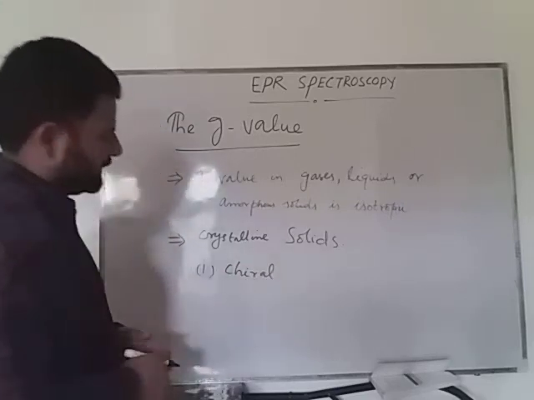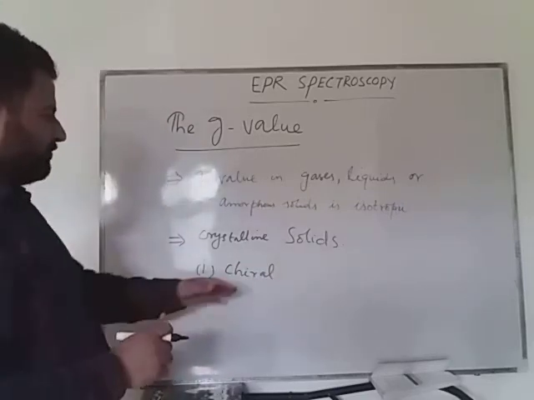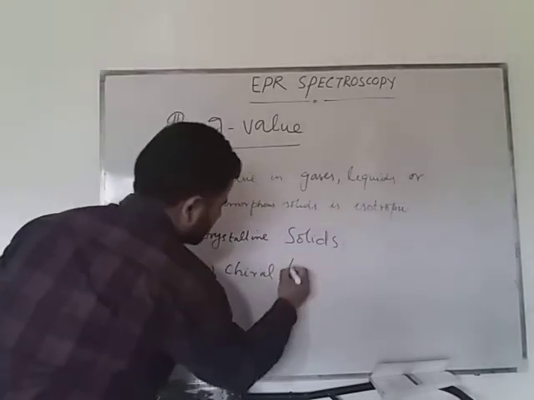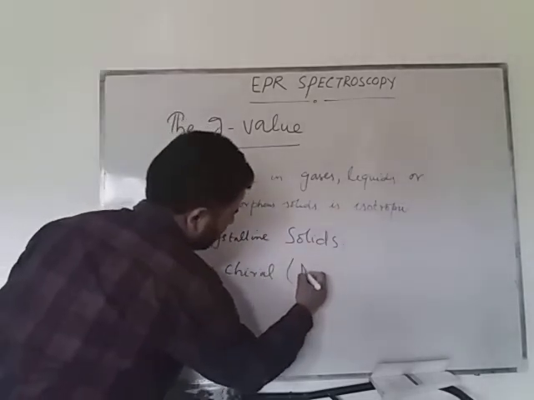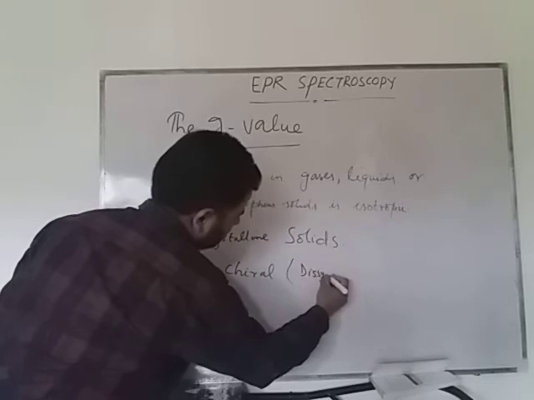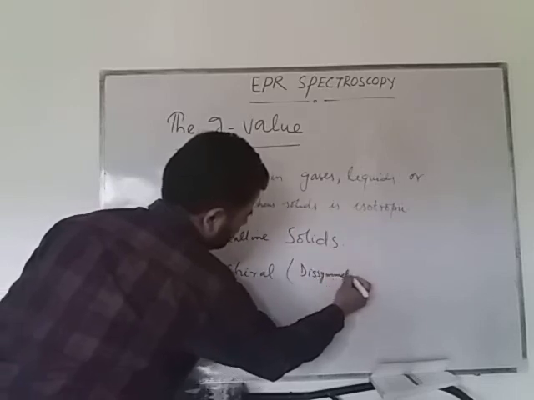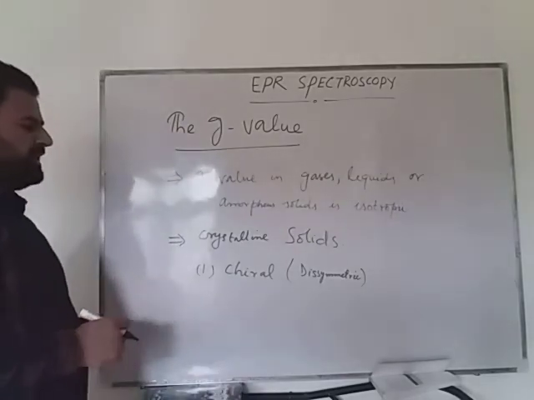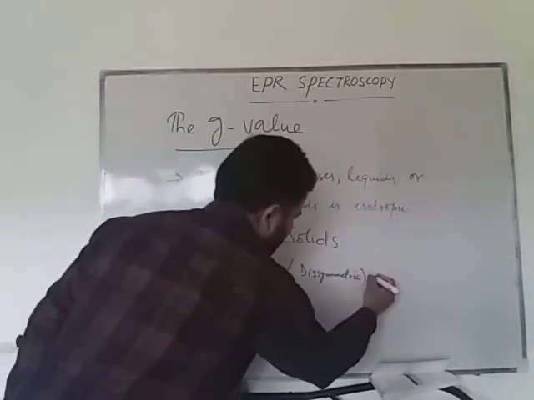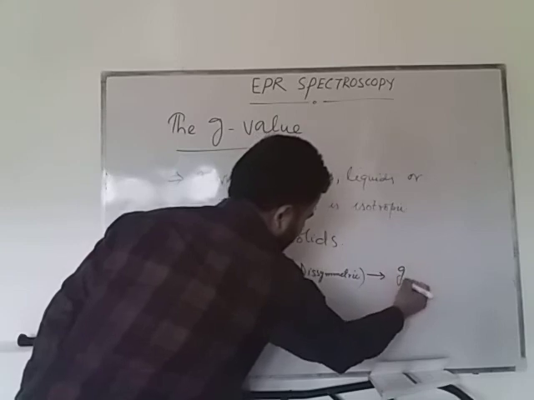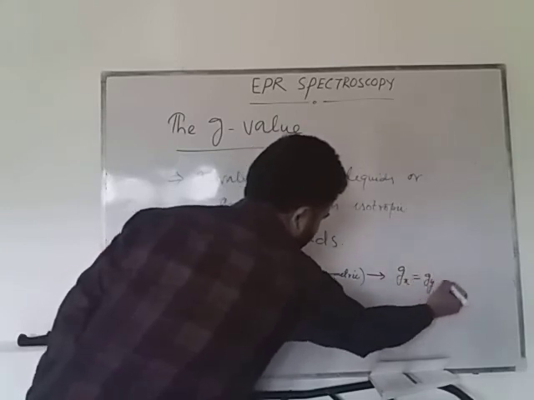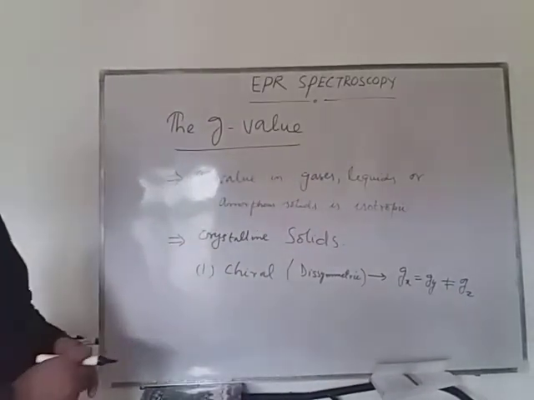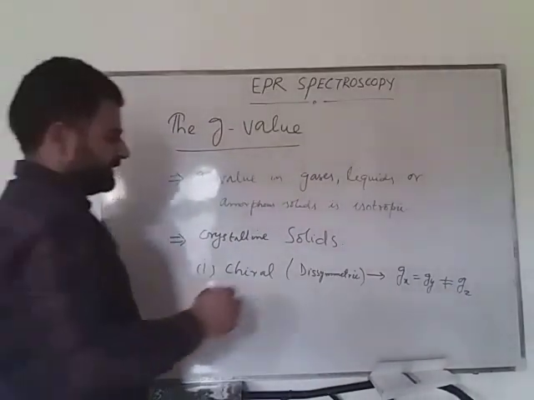If the crystalline solid is chiral, that means it is totally dissymmetric. Because when there is symmetry, it will not be chiral. So this is totally dissymmetric. In this case, we say that gx is equal to gy is not equal to gz. That means gz is different from gx and gy.